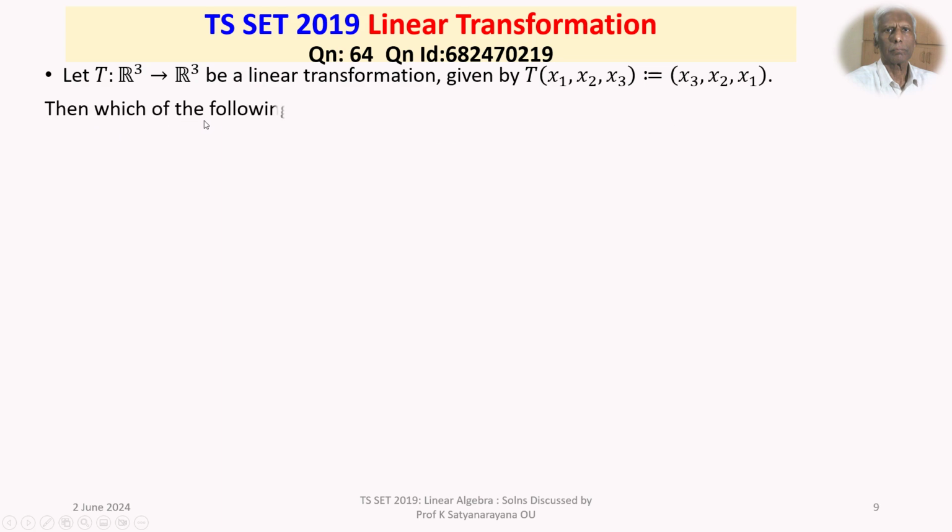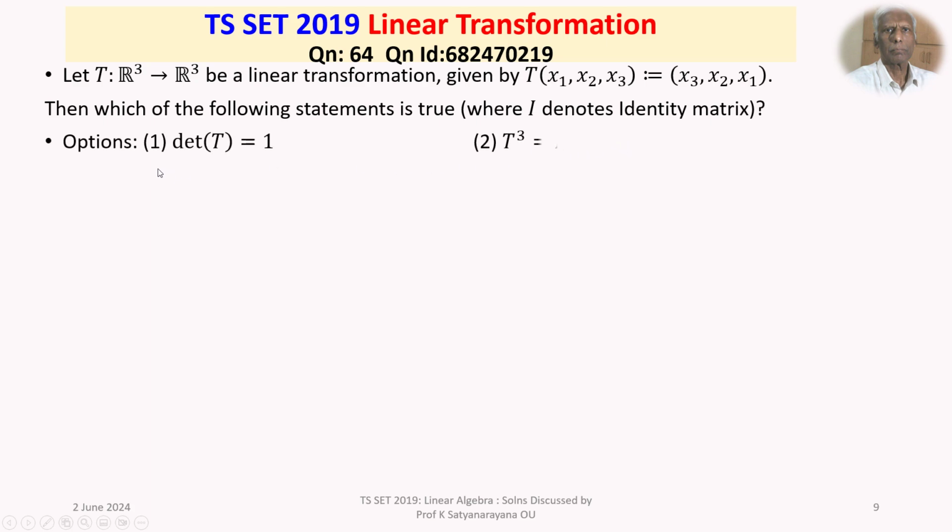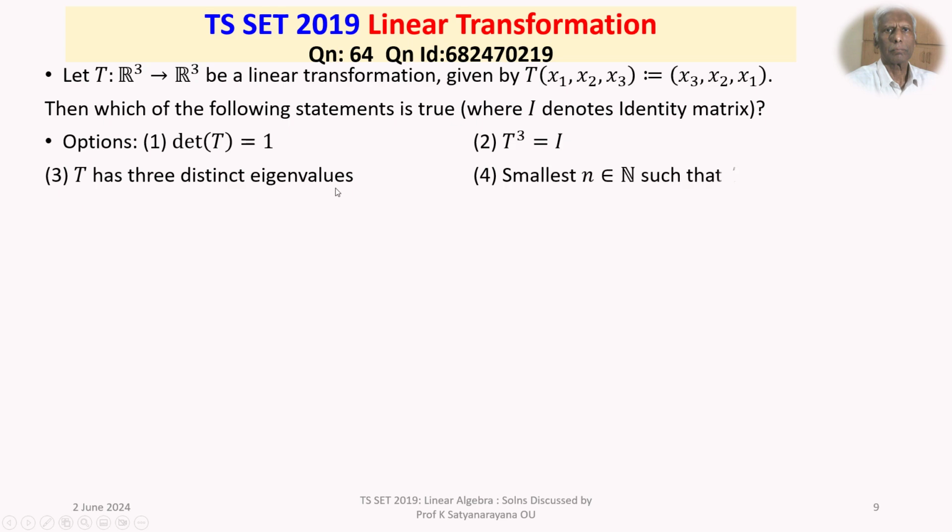Now, which of the following statements is true, where I denotes the identity matrix? We are given 4 options. Option 1, determinant of T is equal to 1. The meaning of this one: the determinant of the matrix corresponding to T is 1. Option 2, T cube is equal to identity. Option 3, T has 3 distinct eigenvalues.